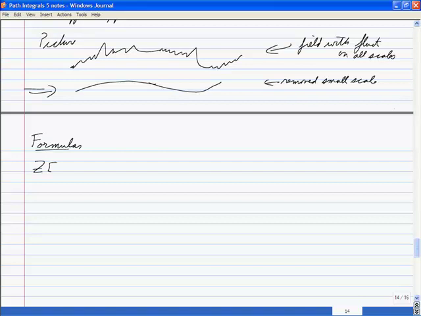Okay. Z of j is the integral d phi e to the i integral d4x L of phi and j.